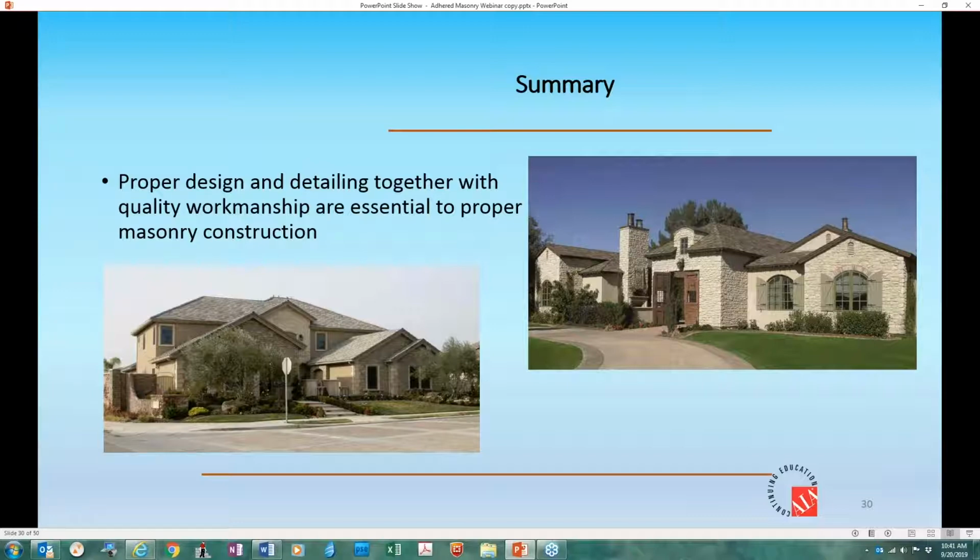The weather resistant barrier is governed by local code, but typically cement board is not used as a standard behind adhered veneer in most applications that I have seen, and I've been across the country doing this, because of the cost of the cement board.